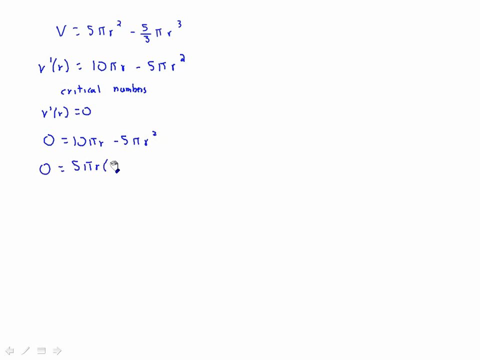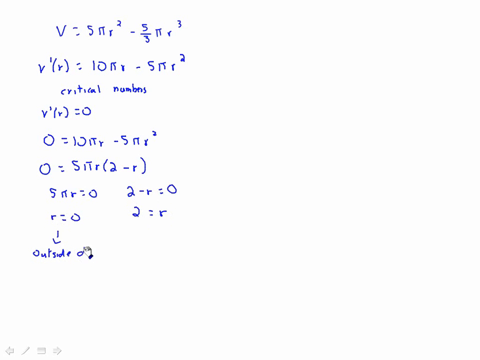And that will leave you with 2 minus r. So 5 pi r is equal to 0. 2 minus r is equal to 0. So r is equal to 2. r is equal to 0. Well, r equals 0, sorry, this is outside the domain.